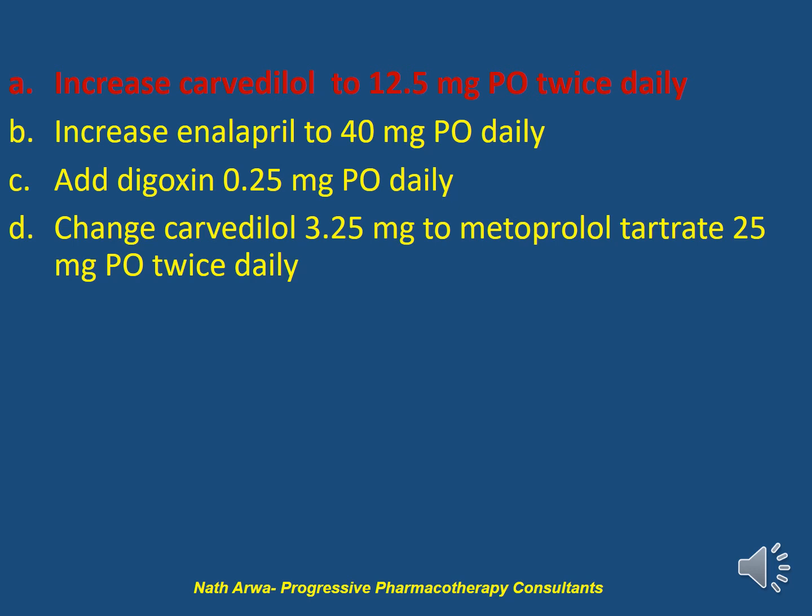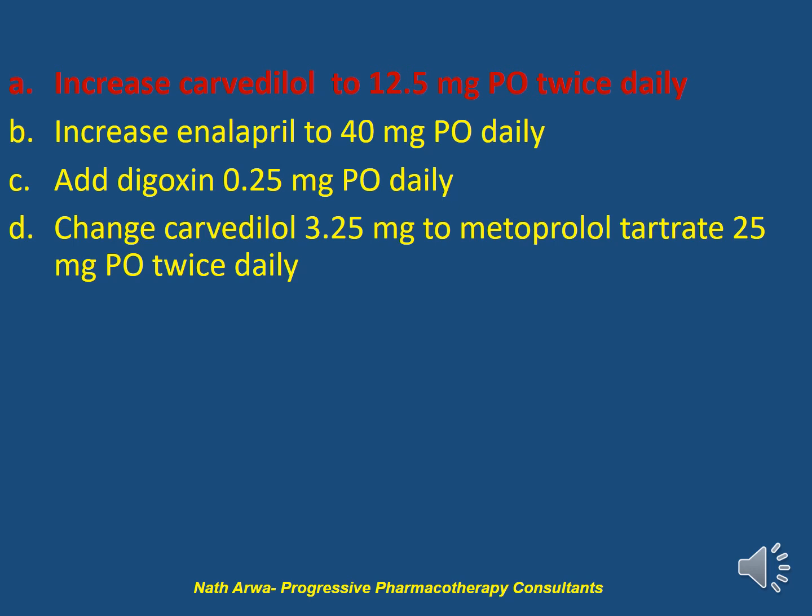Now, I would not add digoxin, even though digoxin can improve symptoms in mild to moderate cases of heart failure. Long-term treatment has no effect on mortality, though it has the potential to reduce hospitalizations due to heart failure.